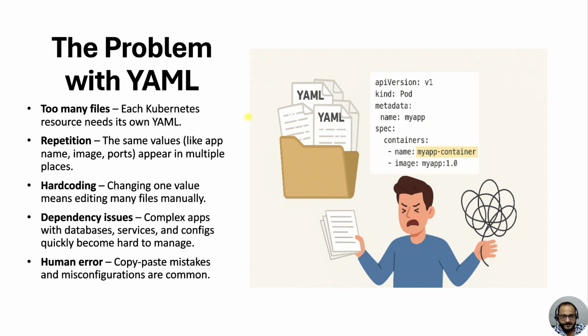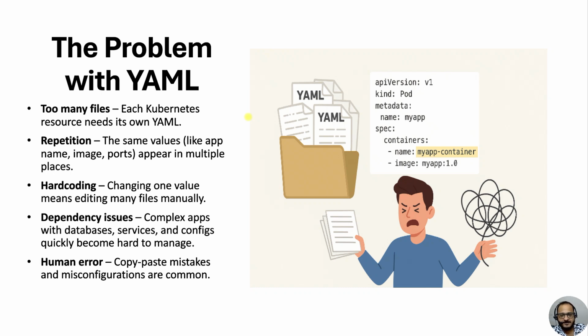So to deploy a single Nginx application on a single environment, we are going to write multiple YAML files. Suppose we have four environments. For one environment, if we write 5 manifest files, then for 4 environments we write 20 manifest files.